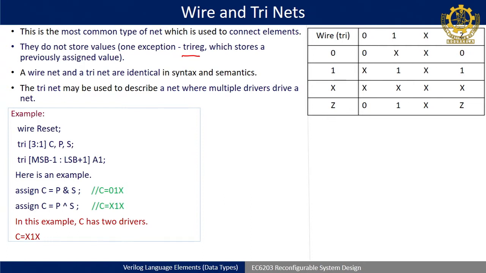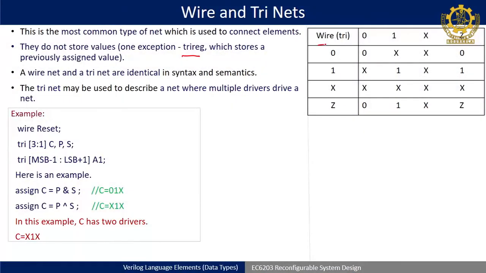Simply remember that all net type data types are not able to store data except trireg. A wire net and a tri net, as the name indicates, are identical as far as syntax is concerned, but a tri net may be used for describing multiple drivers, whereas wire is only used to describe a single driver.